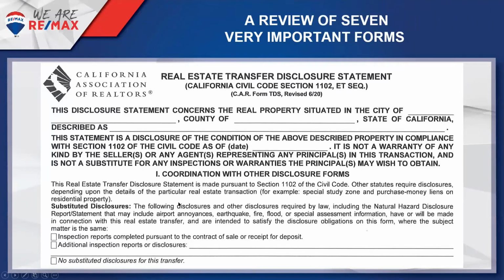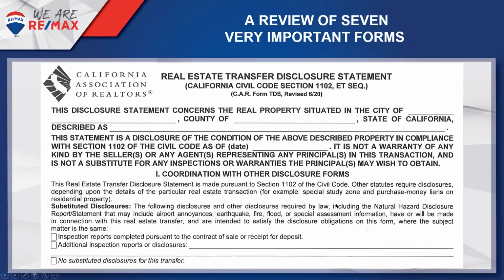So a TDS is required on certain types of properties. Basically, 1 to 4 residential units requires a TDS. And if the seller is not exempt from a TDS, then they must provide it. But simply providing the form and not completing it constitutes non-delivery. In other words, it doesn't make for delivery.